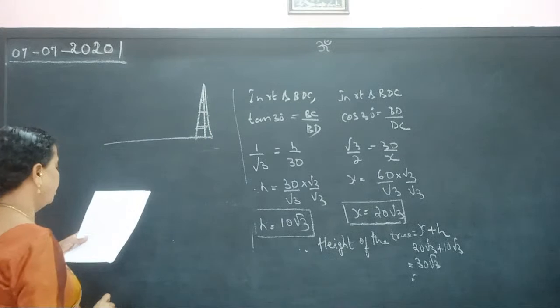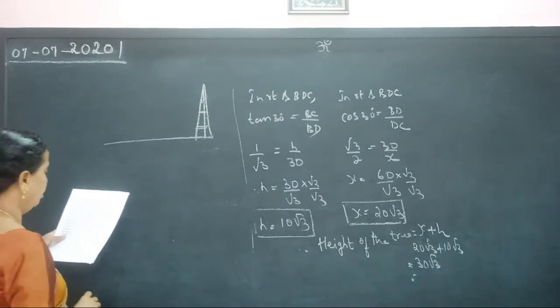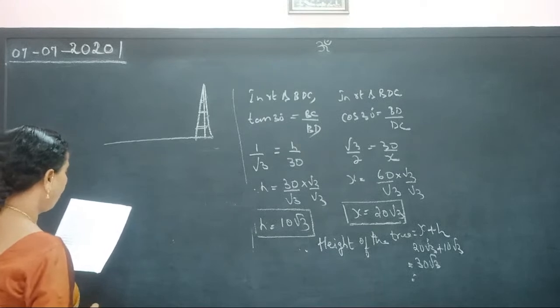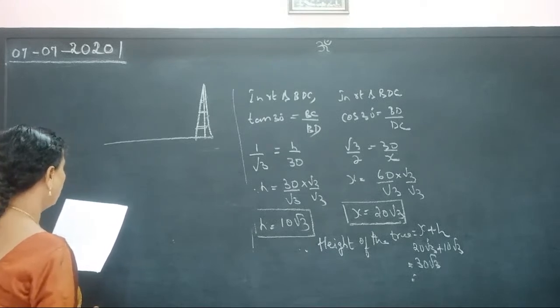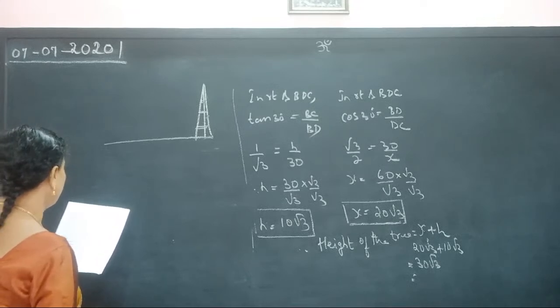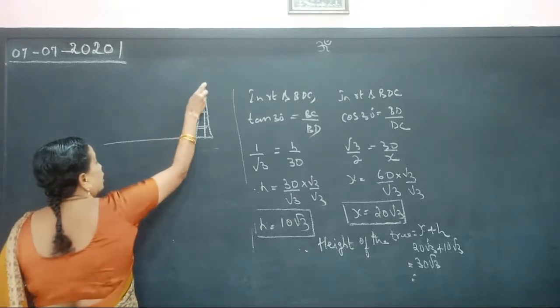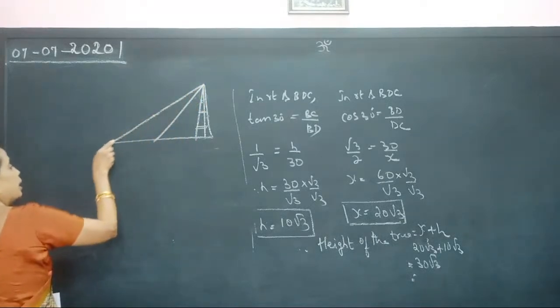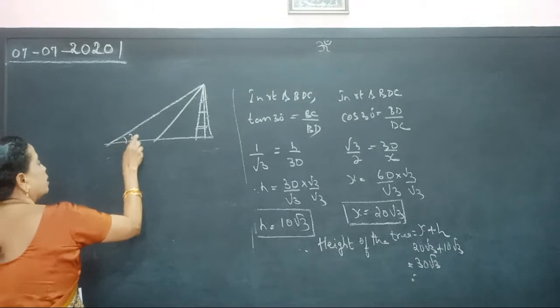The shadow of a tower standing on a level plain ground is found to be 50 meter longer when the sun's elevation is 30 degree than when it is 60 degree. So there are two different conditions, one with 30 degree, another with 60 degree.